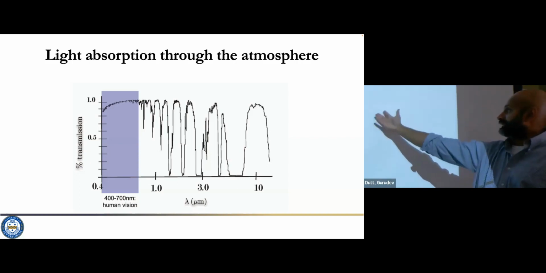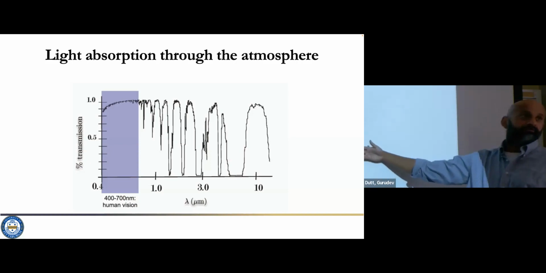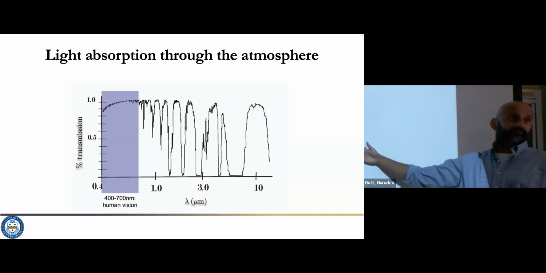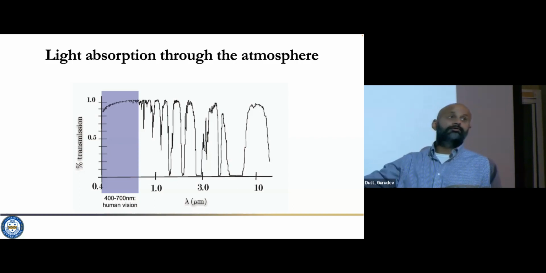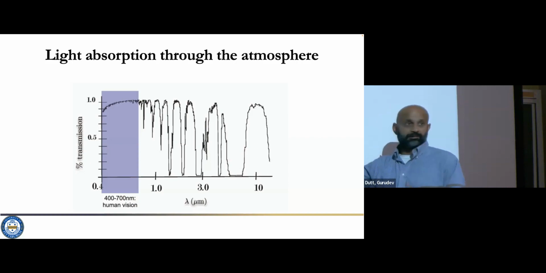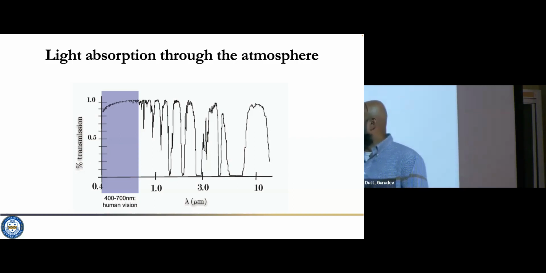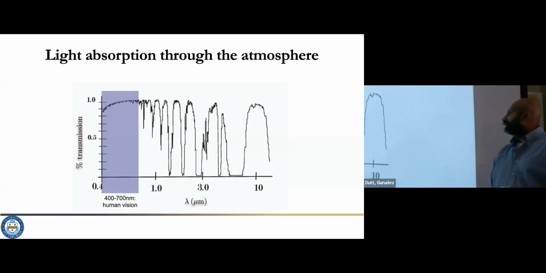Okay. So look at this graph, and you can see there are many, many regions of the atmosphere where light just does not travel very far, right? The percentage of transmission almost plummets to 0, in say a wavelength range of like 2 point something microns or 1.5 microns or 1.3 microns, and so forth.